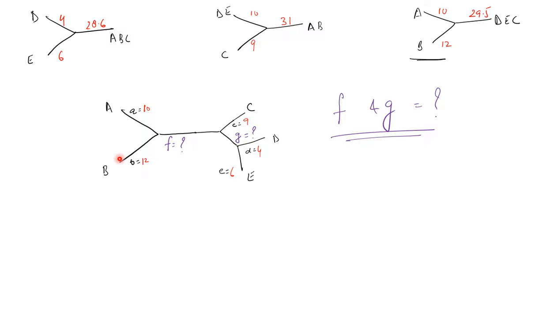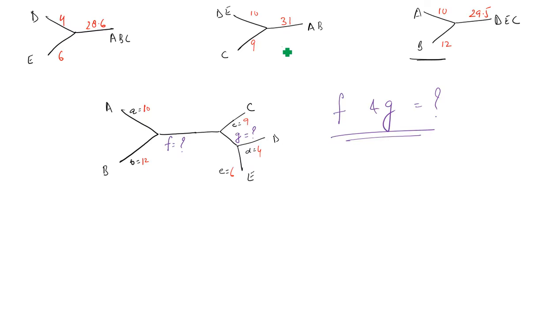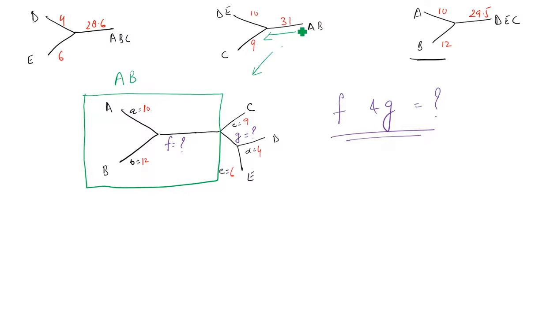Suppose if you see this branch in this tree, I can clearly say this is the actual length of AB we have calculated, and that was equal to 31. So this F was part of this 31.